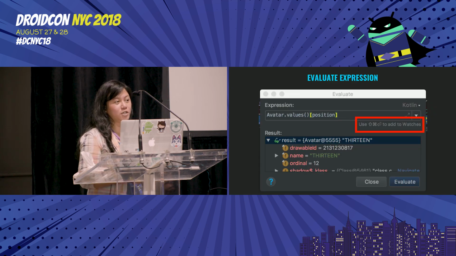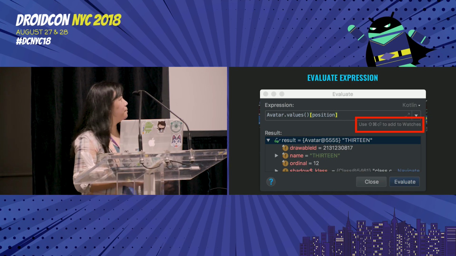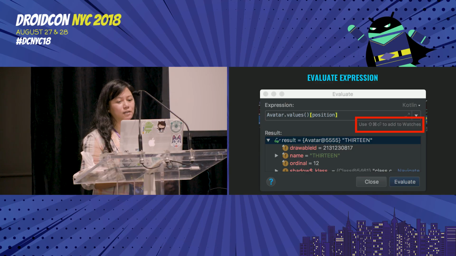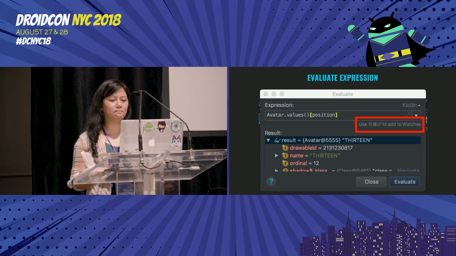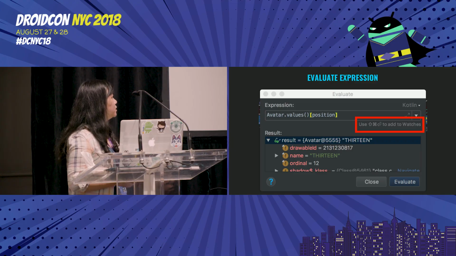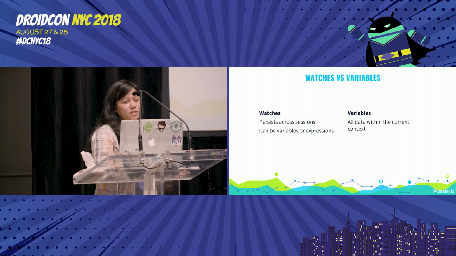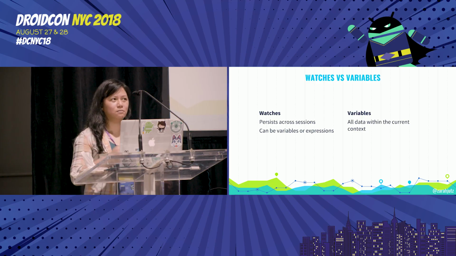To add the expression that we just evaluated to watches, we can press Command-Shift-Enter, as I highlighted there, whilst the Evaluate dialog is open, or we can also add it manually via the Variables and Watches pane. The main difference between watches and variables is not a lot. You can think of it as all watches are variables, but not all variables are watches.